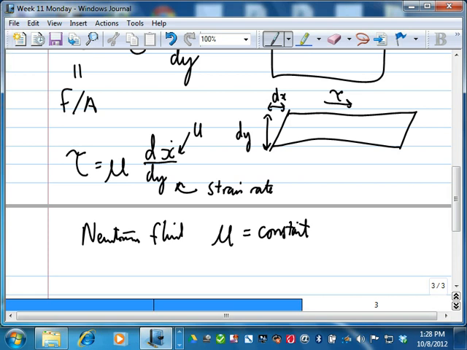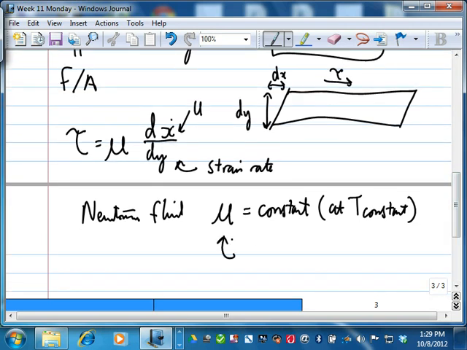It may vary with temperature, but in this unit the temperature is always constant, so mu is constant at constant temperature. Non-Newtonian fluids are when we have funny behavior in mu, and a lot of funny things happen. There are a lot of different types of non-Newtonian fluids.